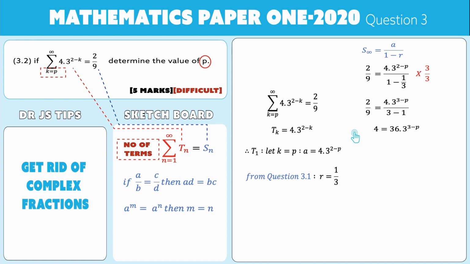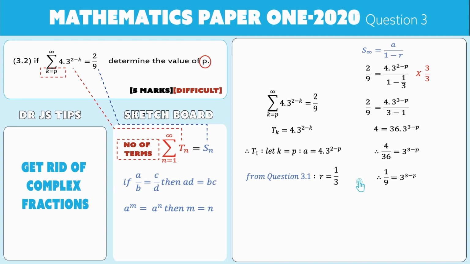Now let us have a look if we can create another 3. I don't want to touch this part over here. That already has a power of 3 minus p connected to a base of 3. So I'm going to divide 36 into 4. That gives me 3 to the minus 2 equal to 3 to the power 3 minus p. 4 goes in there 9 times.